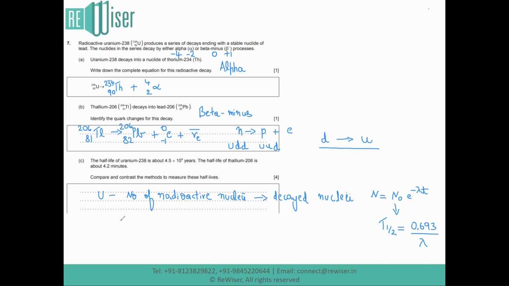To measure the half-life of thallium, which is, when compared to uranium, a much smaller value, in fact an infinitesimally small value, we can just calculate the activity of thallium over certain instances of time, and draw the decay curve, which plots the activity, denoted by A or R, against time. And by measuring this, we get to know the half-life of thallium.